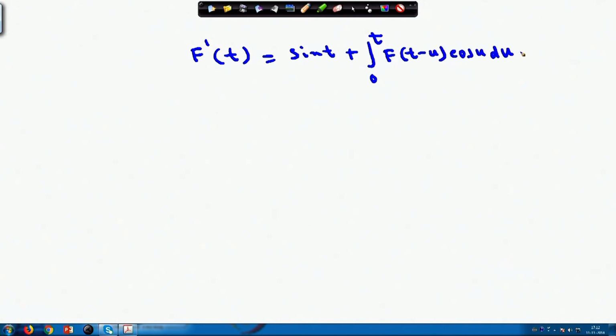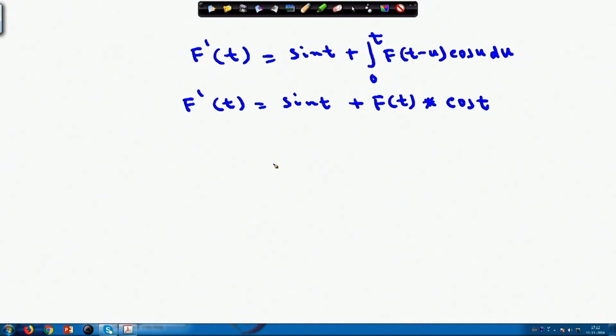As we have seen previously, this is nothing but the convolution of two functions f(t) and cos t. So I can write it as f(t) * cos t.